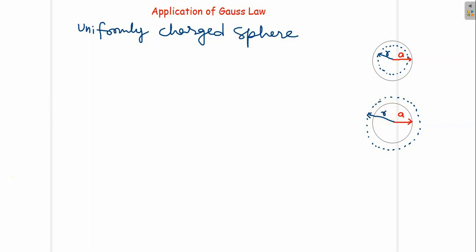So these both are Gaussian surfaces, but in one case it is inside the sphere and in the another case it is outside the sphere. What is r? r is the radius of the Gaussian surface, and here r is less than a, and here r is greater than a. So these are the two conditions.